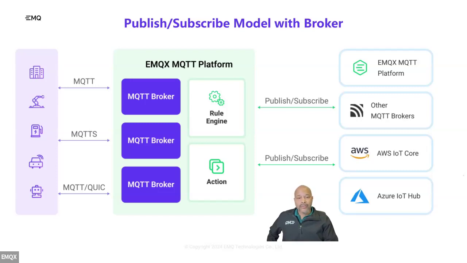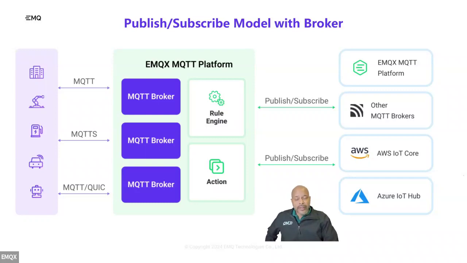And we are the first MQTT broker to offer MQTT over QUIC, which uses the UDP protocol. Typically, most of these systems are built over TCP/IP, but we can operate over different transport protocols as long as they're ordered and lossless.